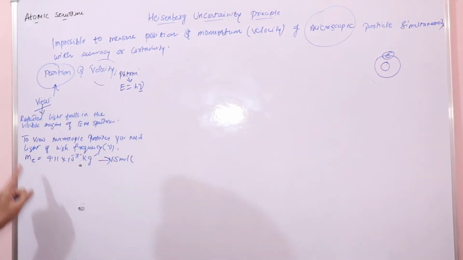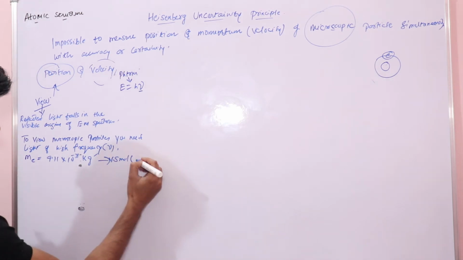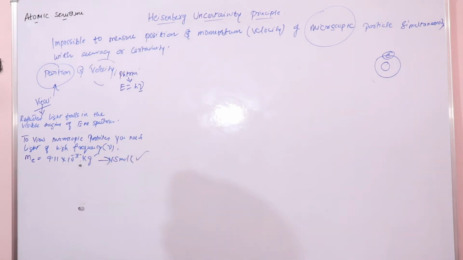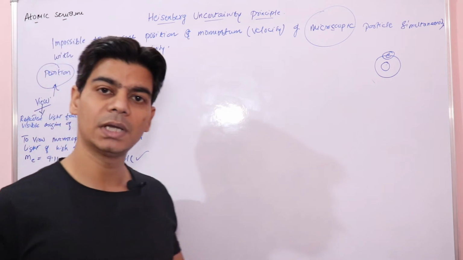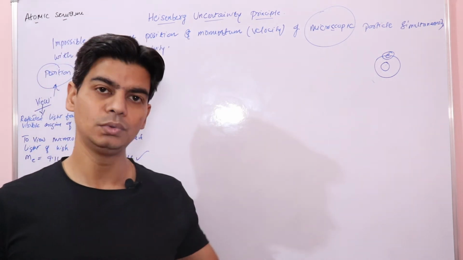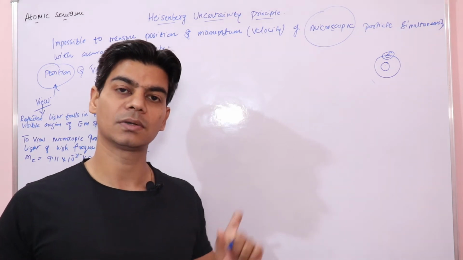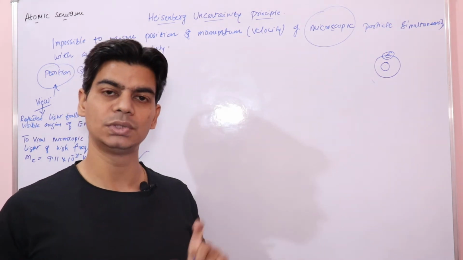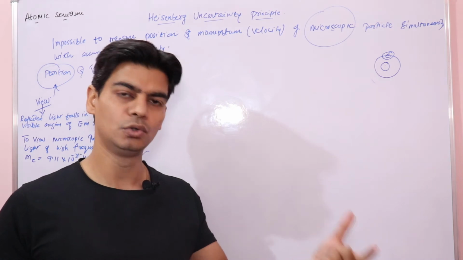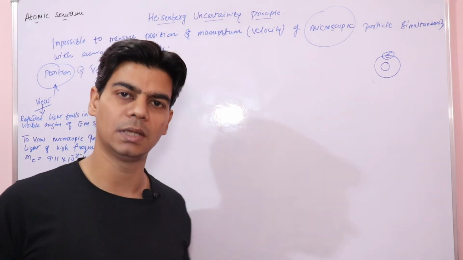Now, microscopic particles, remember, have very small mass, and the light that we are using to view those extremely small particles is of high frequency. We are using light of high frequency to view microscopic particles like electrons.